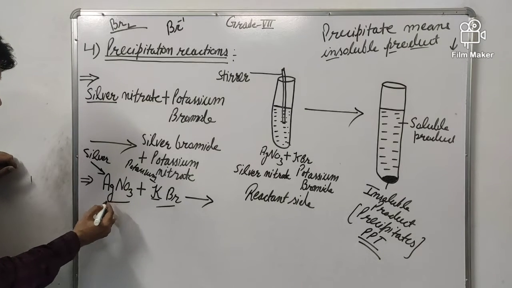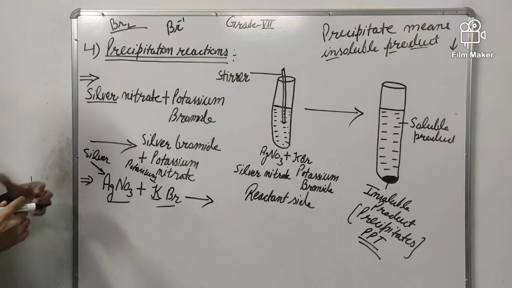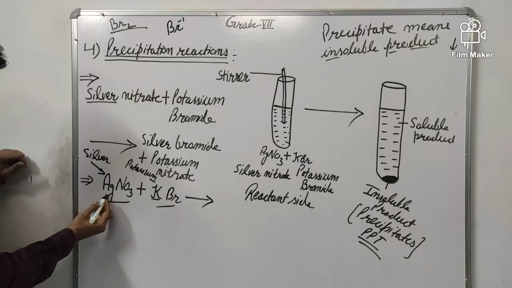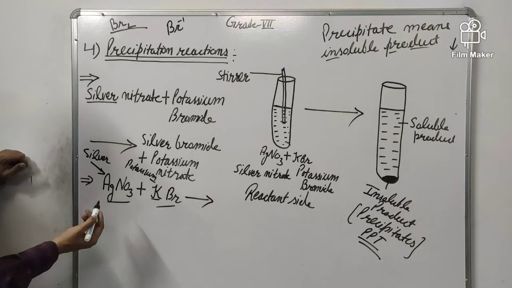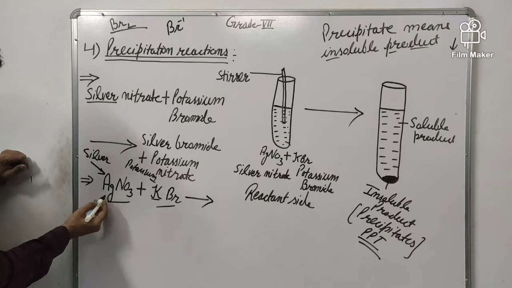Look at reactivity, how elements react with each other. Ag, silver, is a very less reactive element. This is why most ornaments are made of silver and gold, because they are very less reactive. They cannot easily react with air and remain for a long time. So silver is very less reactive.